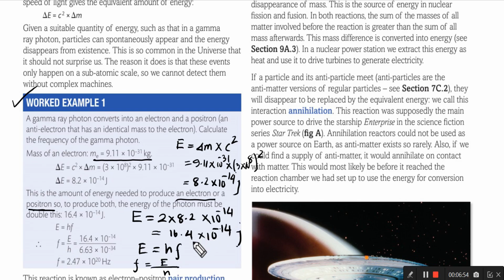Here the total energy is 16.4 × 10^-14, and the Planck constant is 6.63 × 10^-34. So we can easily calculate the frequency. It is 2.47 × 10^20 hertz.